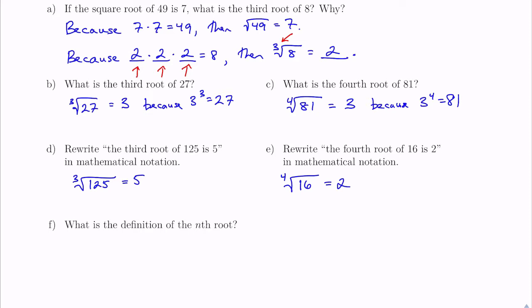So in part F, we want to come up with a formal definition of what we mean by the nth root. So this would apply whether we're dealing with a second, third, fourth, or 100th root.